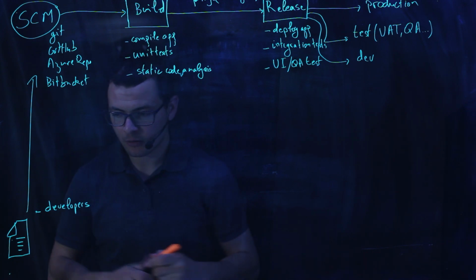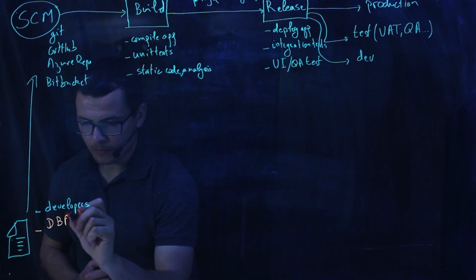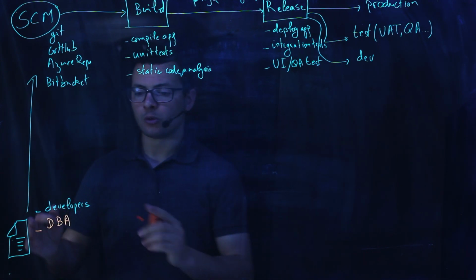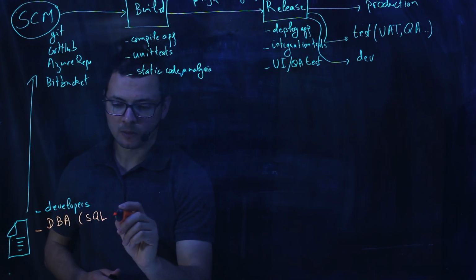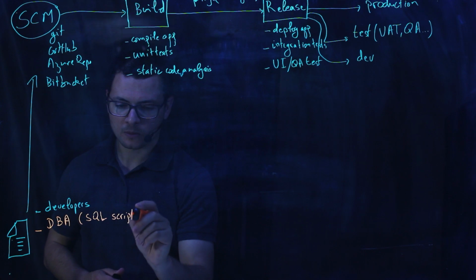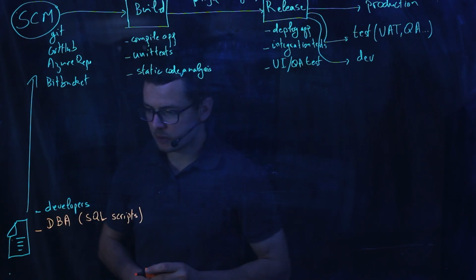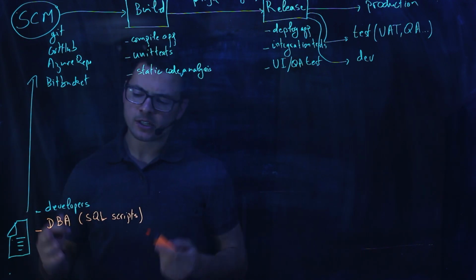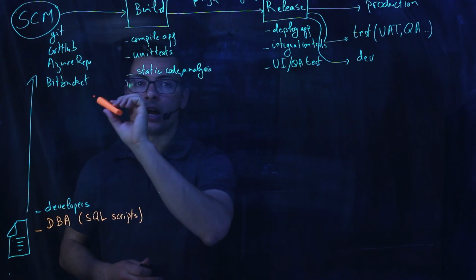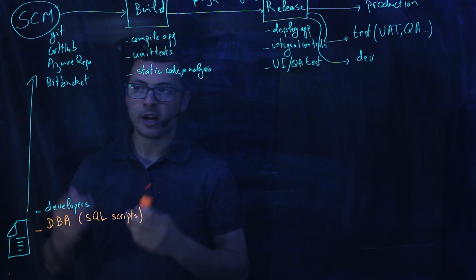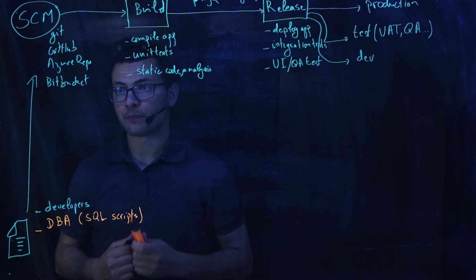I'll use another color. Our database administrator, he will be working on the SQL scripts. And the best of the cases is that he will put his scripts inside the same Git repository used by the developers.